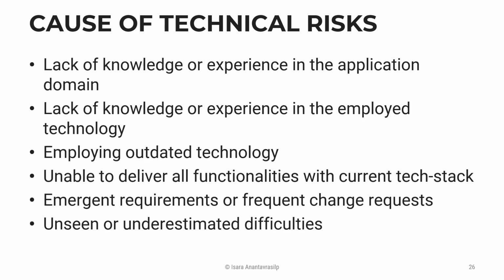Because unknown, unseen requirements can happen anytime in any project, and it could cause a lot of trouble: operational, technical, budget risk, anything. This is why software engineering today is focusing on handling changes. And lastly, unseen or underestimated difficulties. This is basically that the task is harder than you thought.